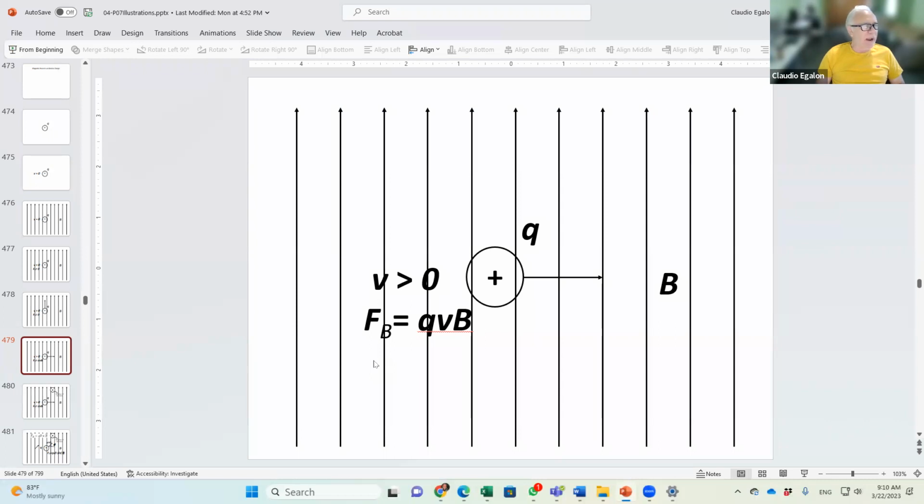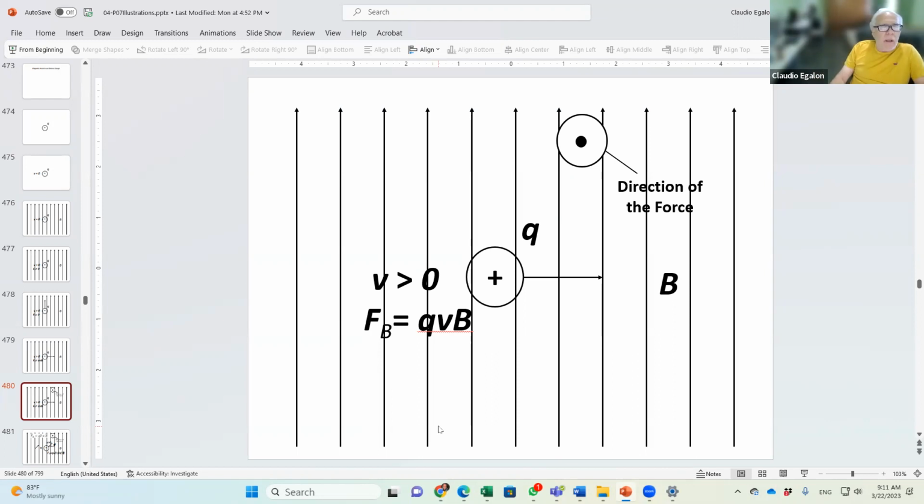You must also have the direction of the force. What is the direction of the force? The direction of the force is going to be perpendicular to both the magnetic field and the direction of motion of the charges. It's actually given by the right-hand rule.